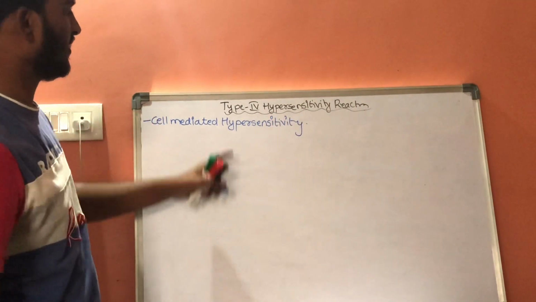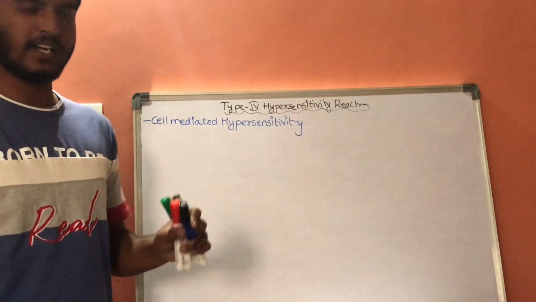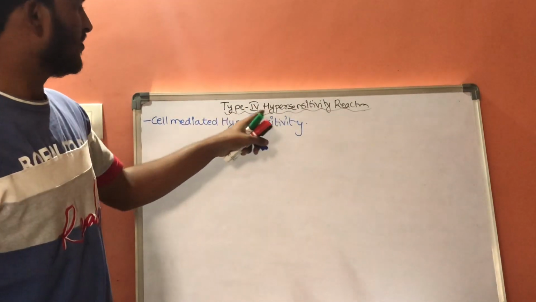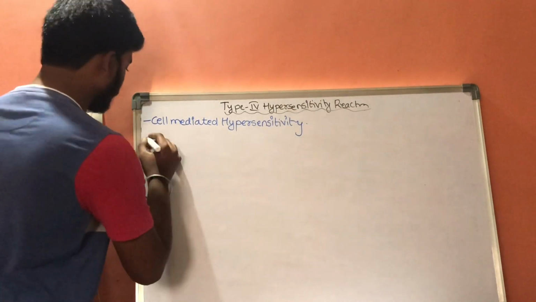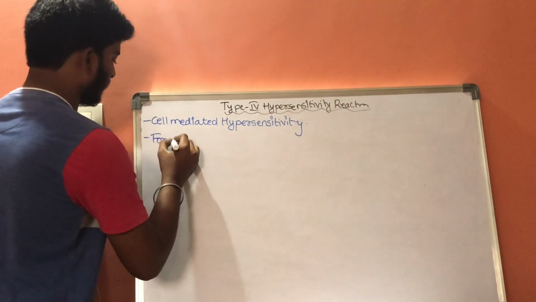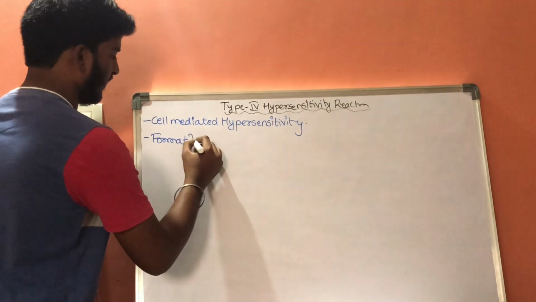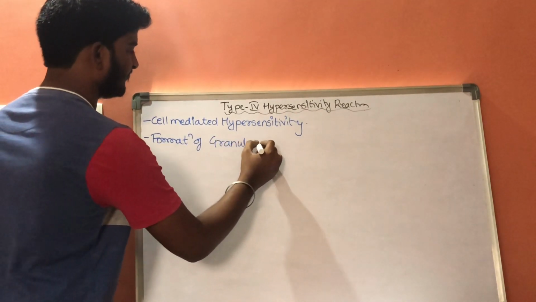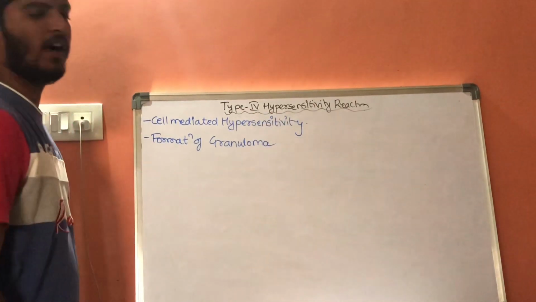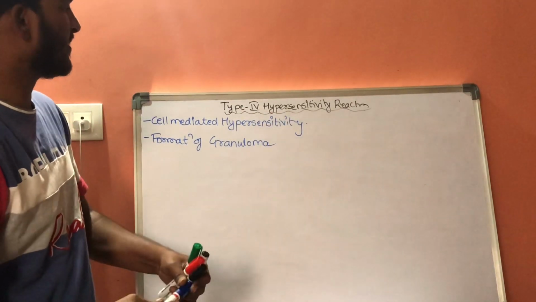Cell-mediated hypersensitivity is called type 4 hypersensitivity reaction. The characteristic feature of type 4 hypersensitivity reactions is the formation of granulomas.